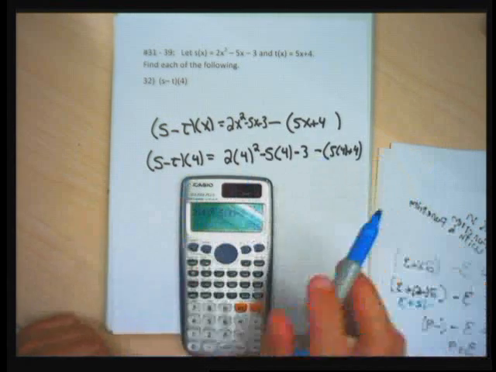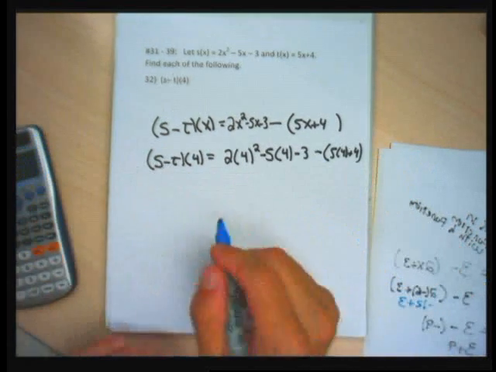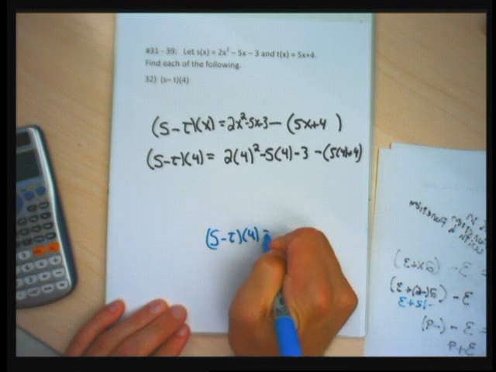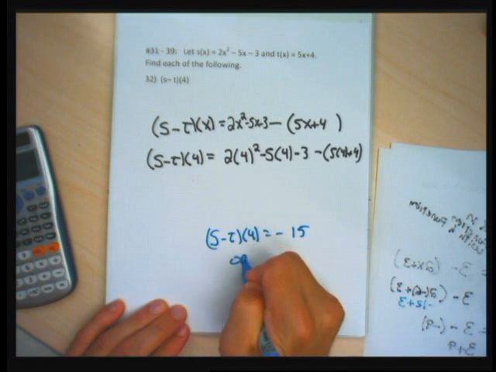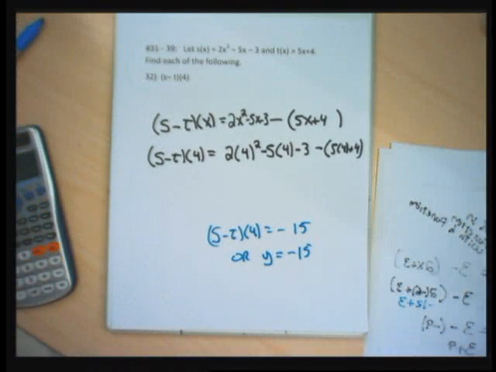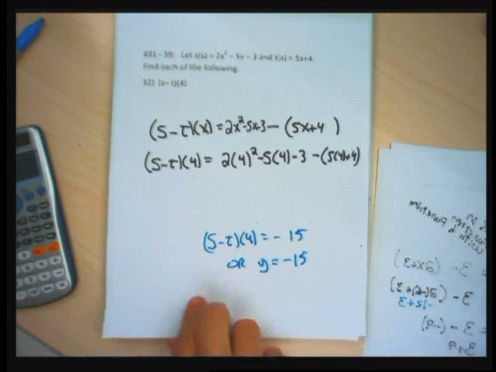If you could enter that string on your calculator like I did there, then you can easily get a correct answer of either s minus t of 4 equals minus 15 or y equals minus 15. Again, I'd have to say x equal to 4 if I wanted to say x in my answer.